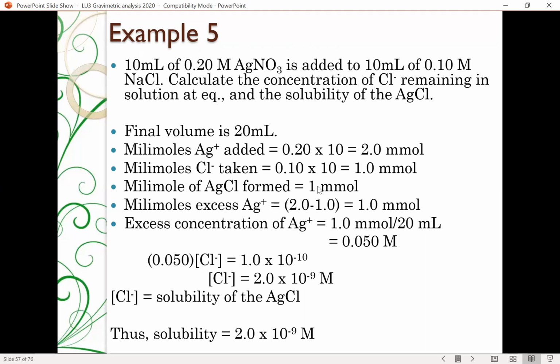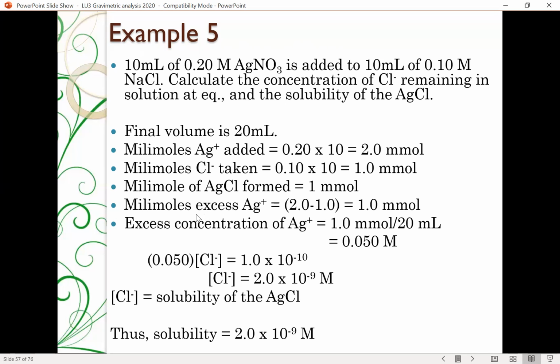The limiting reactant here is the chloride ion, because we have 1 millimole here. And the millimole of AgCl formed should be 1 millimole as well. I repeat, millimoles of chloride here is 1 millimole. Because chloride is the limiting reactant, the millimole of AgCl formed will be 1 millimole as well.